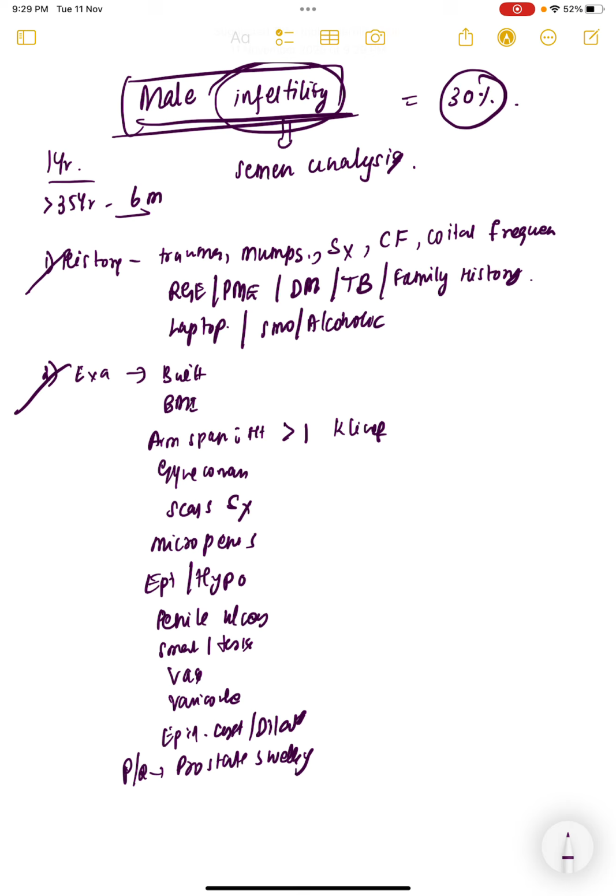What are the causes of male infertility? They can be congenital, like congenital bilateral absence of the vas deferens, Klinefelter syndrome, Y chromosome microdeletion, or Kallmann syndrome.